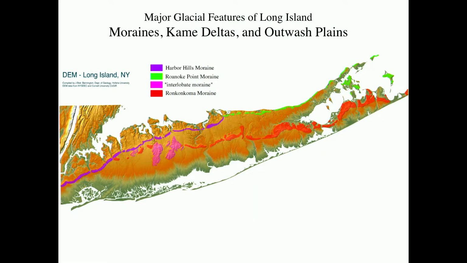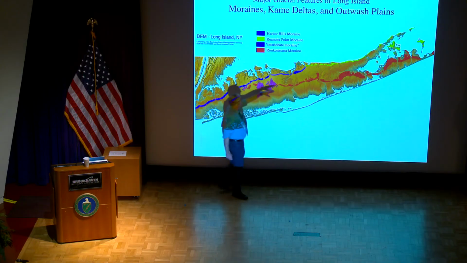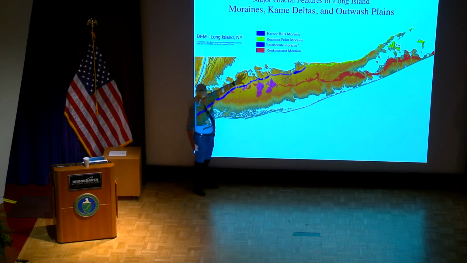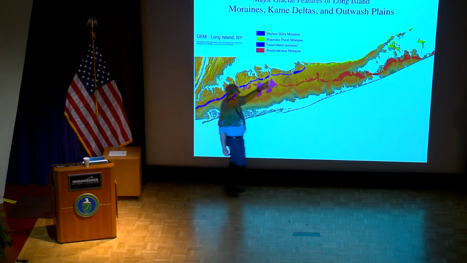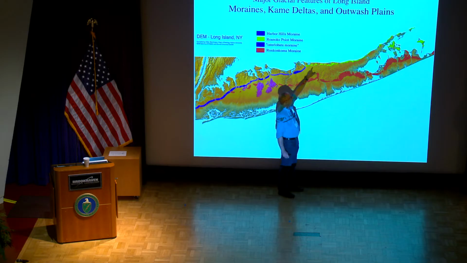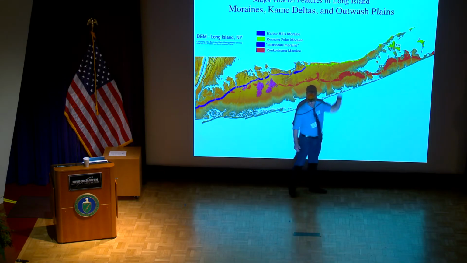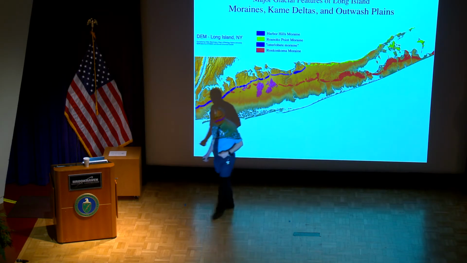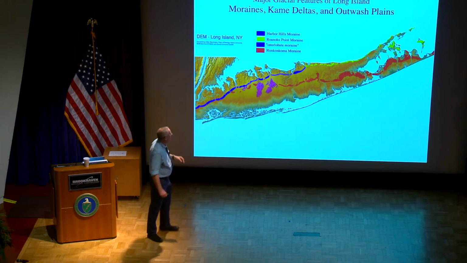A distinct ridge of material that runs along western Long Island, but has hilly, bumpy, valleyed terrain to the north, forming the necks of western Long Island. A similar ridge, not quite as sharp, that runs right along the coast, along the northeastern half of Long Island.